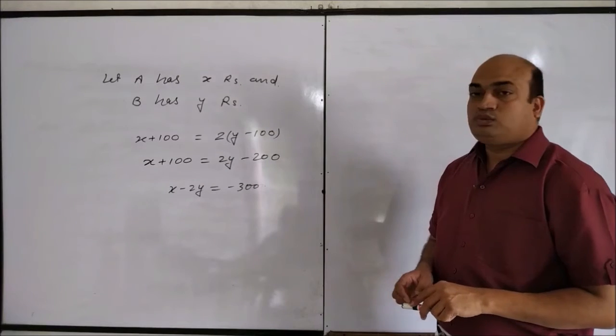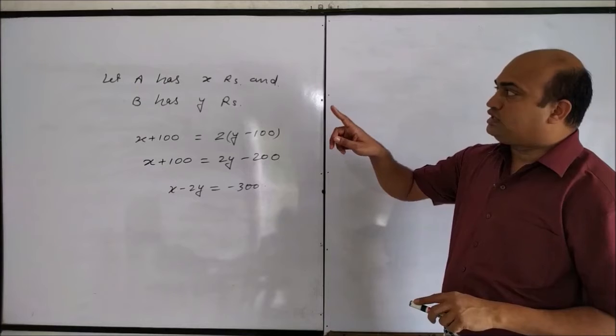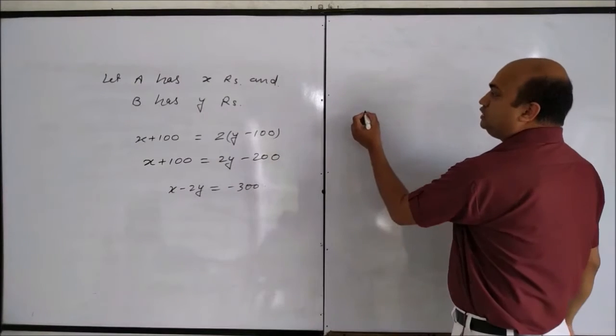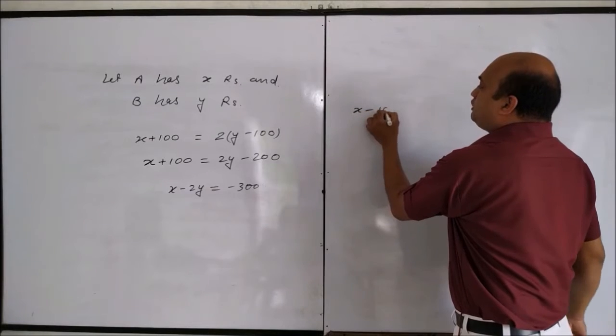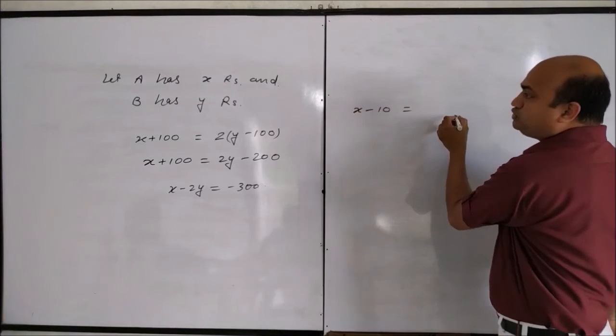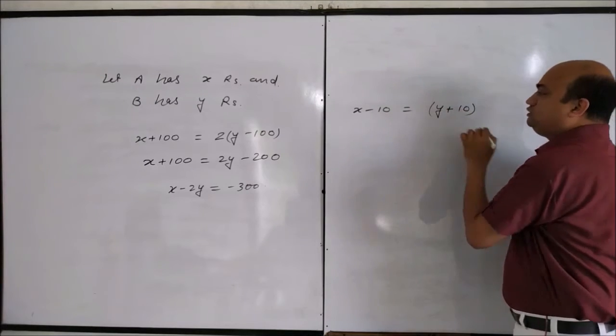Now if A gives 10 rupees to B, then the amount of A will be x minus 10 and the amount of B will be y plus 10.